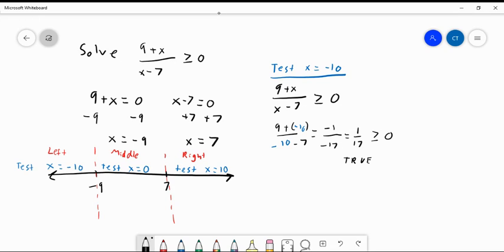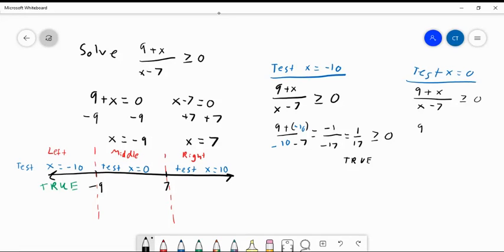Since x equals negative 10 was from your left region, and we ended up with a true statement, we will label your left region as being true. Now let's test x equals 0 in the middle region. Just like before, substitute 0 for the x in your original inequality.